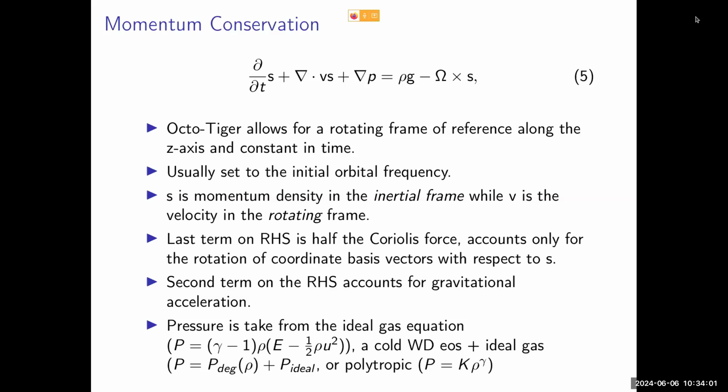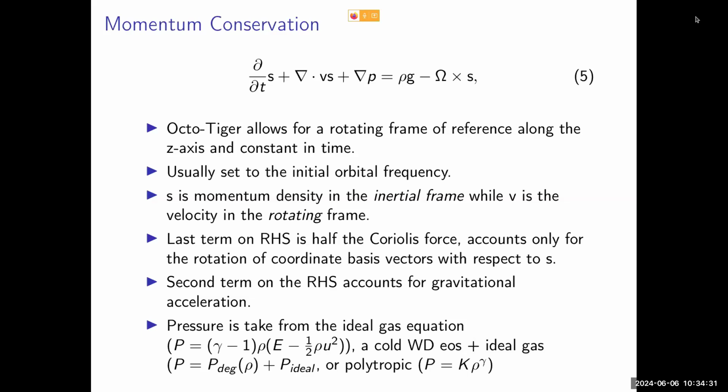So with momentum, we allow the frame to rotate with the original or the initial orbital period. So it reduces the velocity relative to the grid, which lowers the numerical viscosity that turns up in finite volume schemes, and it helps.